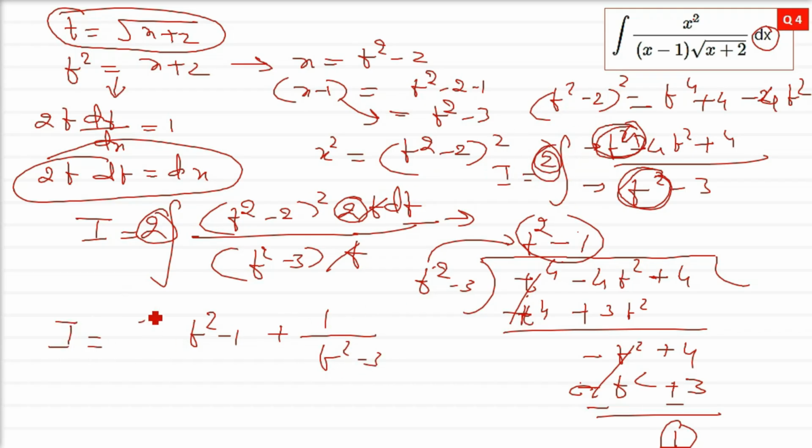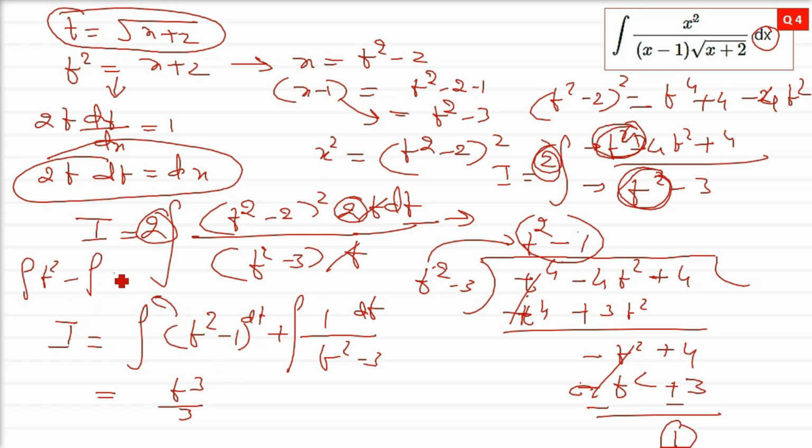This integration will be, let's take them as two different terms. So we are integrating these two terms with respect to dt. This t square minus 1 can be taken as two separate terms, integration of t square and integration of 1. Integration of t square will be t cube by 3. I am doing it separately: integration of t square dt and integration of dt.